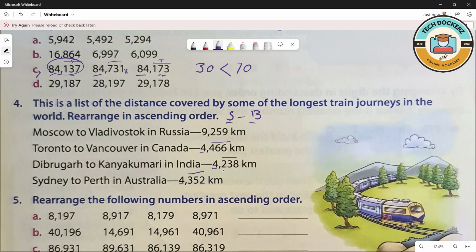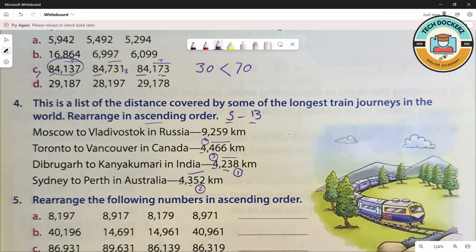So the first number will be 42, the smallest, then 3, then 4. The second number will be 4352. The third number will be 4466 kilometers. The fourth number will be the greatest of all the numbers.